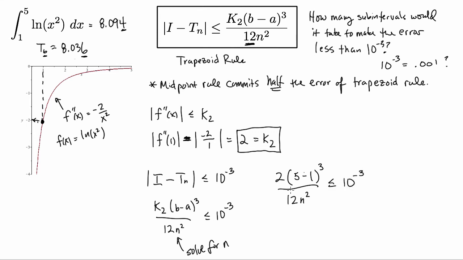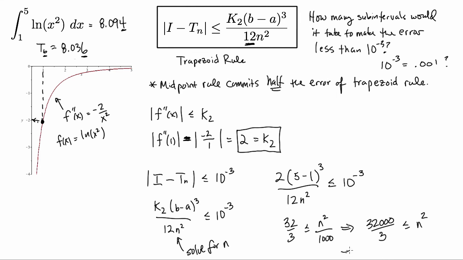So 4 cubed is 64. So on this side, we've got 32 thirds, which is less than or equal to, if I multiply the n squared over, n squared over 1,000, since 10 to the negative 3 is 1/1,000. And so this implies that 32,000 thirds is less than or equal to n squared.